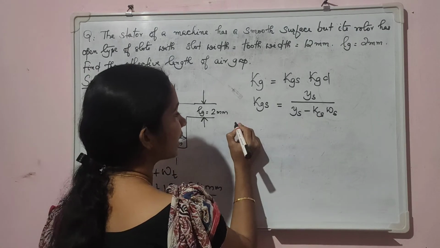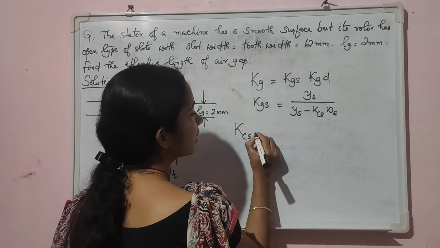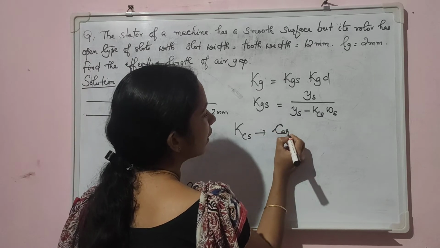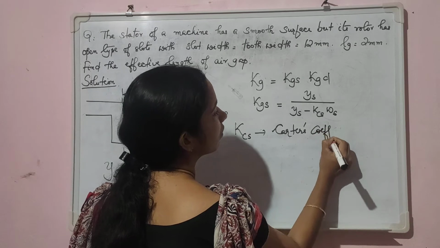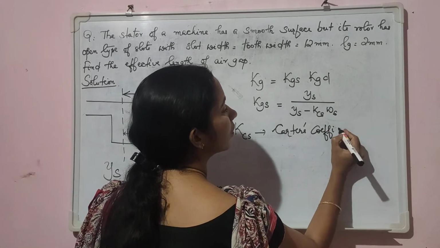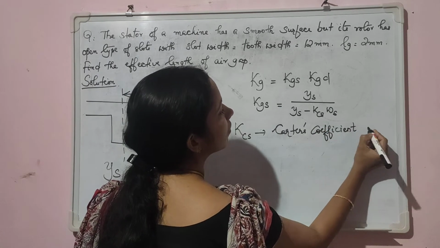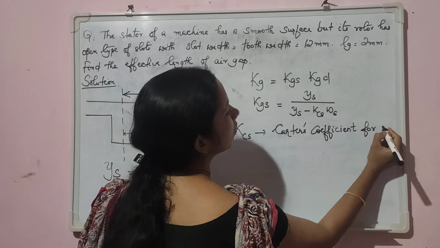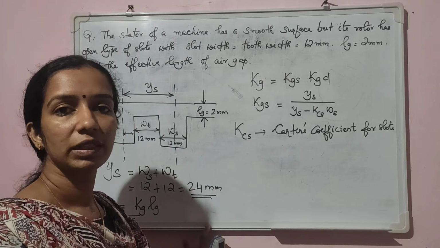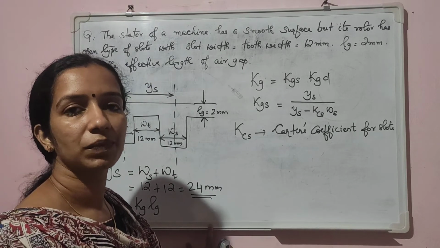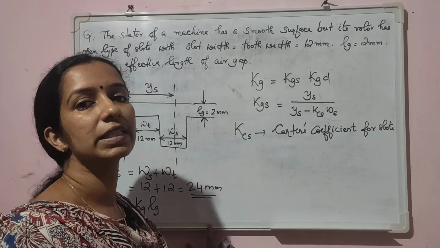Kcs is nothing but Carter's coefficient for slots, and it is not given in the question. So we have to calculate its value.